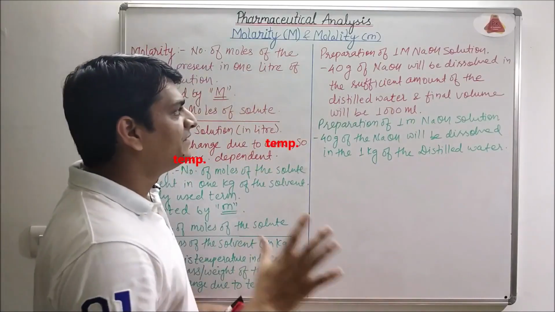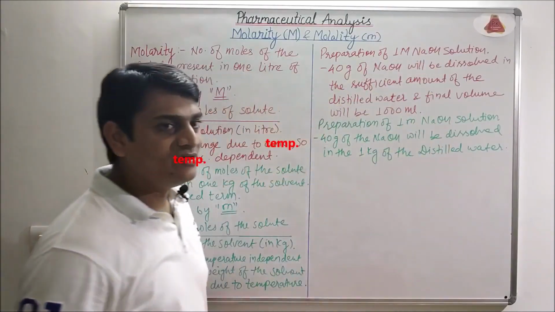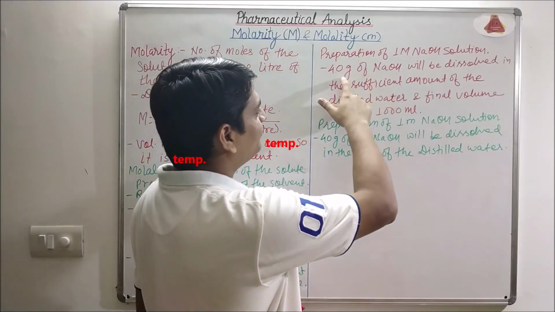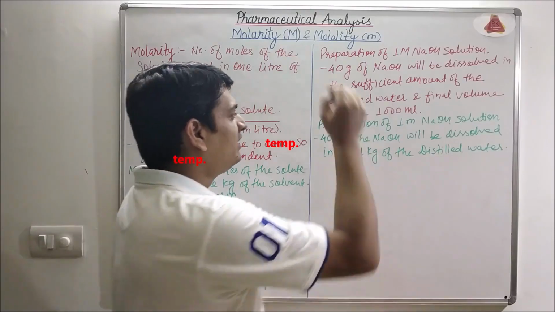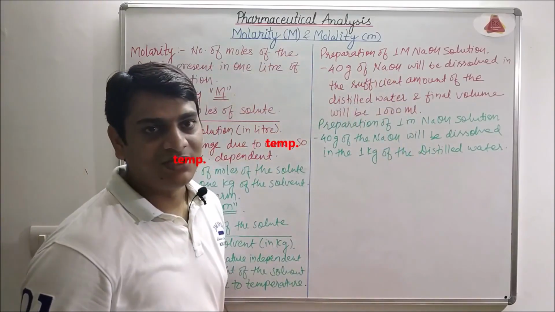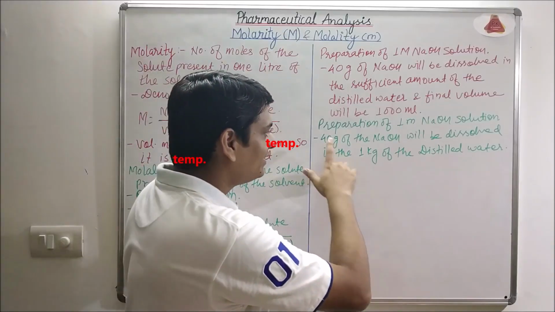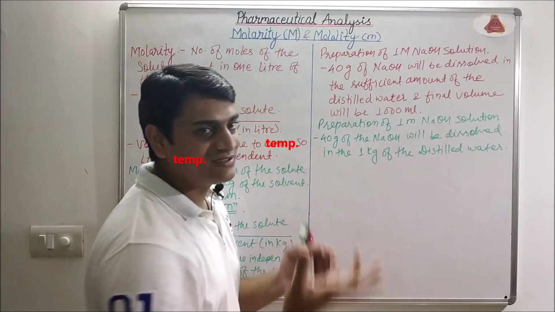So what is the difference between 1 molar NaOH and 1 molal NaOH solution? Here we are taking 40 gram of NaOH, and here also we are taking 40 gram of NaOH, but here the final volume is 1000 ml, meaning the total solution will be 1000 ml, whereas here we are taking 40 gram of NaOH separately and 1 kg of the distilled water separately.